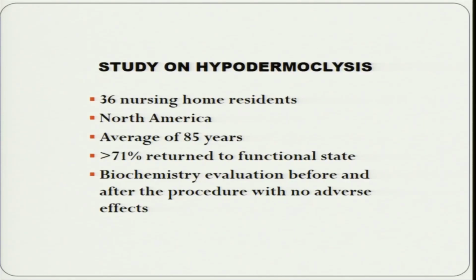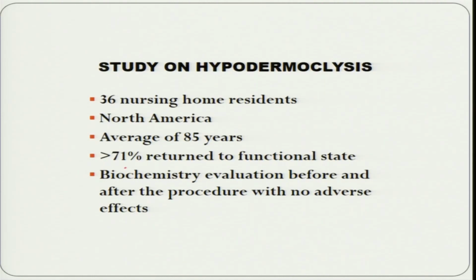There was one study on the efficacy of hypodermoclysis, that is giving fluids and drugs by the subcutaneous route. It was done in 36 nursing home residents in North America, and the average age of the people was 85 years.